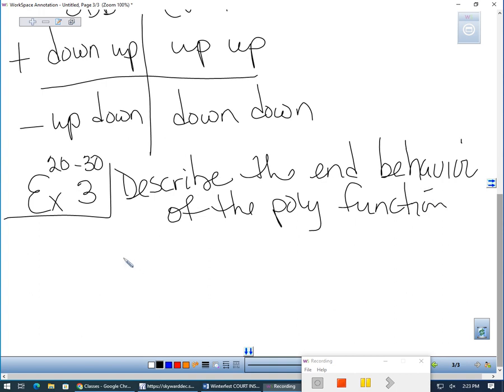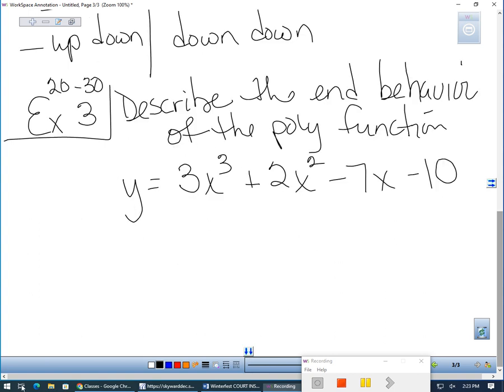So let's say I have y equals 3x to the third plus 2x squared minus 7x minus 10. I want to know the end behavior. I look at my highest exponent, that is odd, and my leading coefficient is positive. So this is odd, positive, so the end behavior would be down, up. That's all you have to write: down, up.